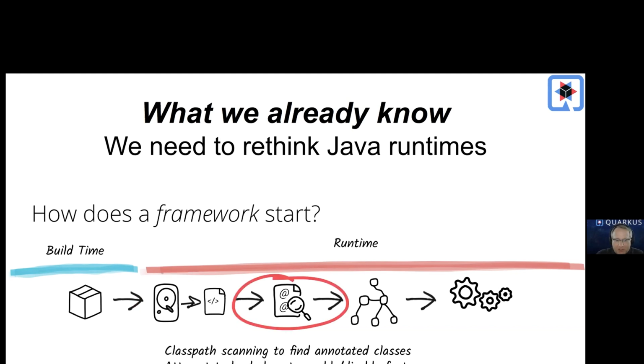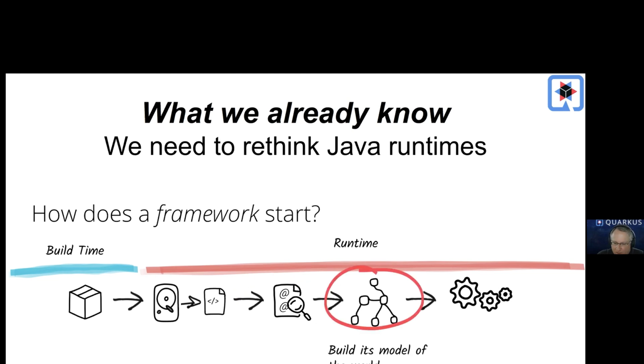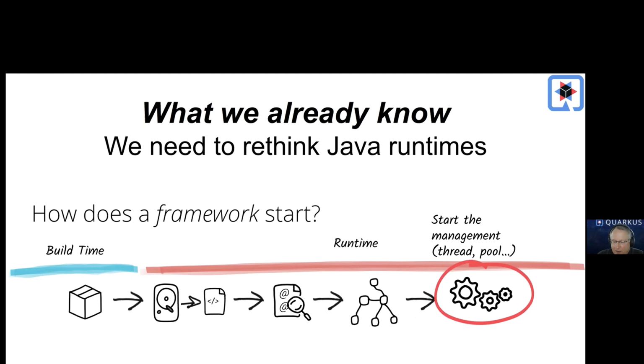It also has to go through your class path and all your jar files, find all the annotated classes, instantiate various beans, build a runtime model, and bind all those beans that need to be bound. And after you do all that, then you go ahead and execute the application.